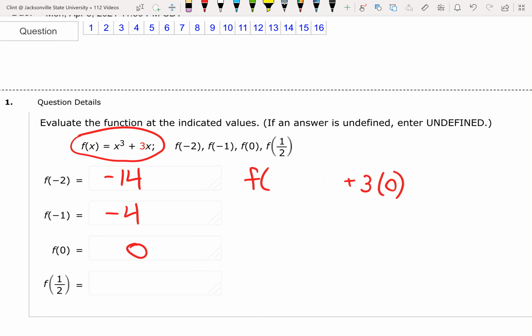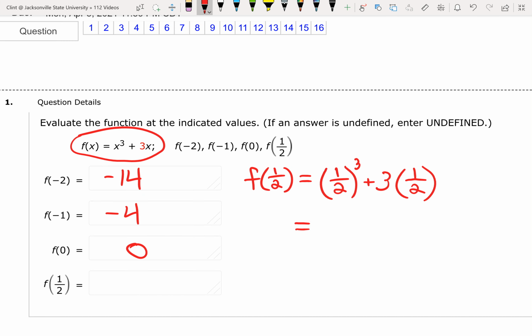And f of 1/2, if you know how to do fractions on your calculator, this is a good time. If you're not comfortable with fractions, here we'll have 1/2 cubed plus 3 times 1/2. It's a little bit annoying to do by hand, but we can do it. To cube a fraction, you cube the top and you cube the bottom, so 1 to the third is 1, 2 to the third is 8.